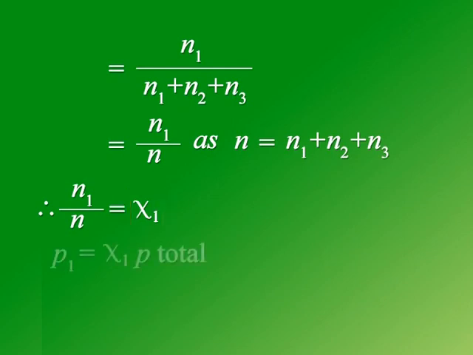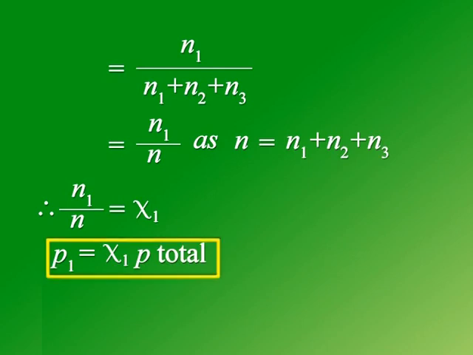Thus, partial pressure of the first gas P1 is equal to the mole fraction of the first gas chi1 multiplied by P total. P1 is equal to chi1 P total.